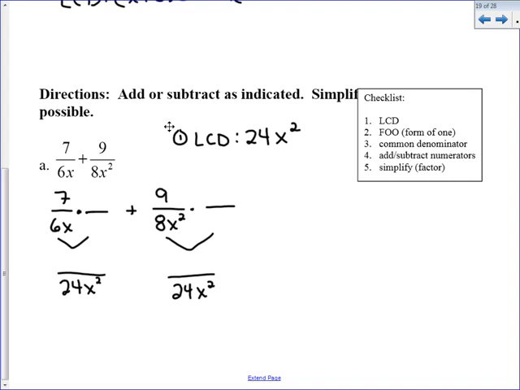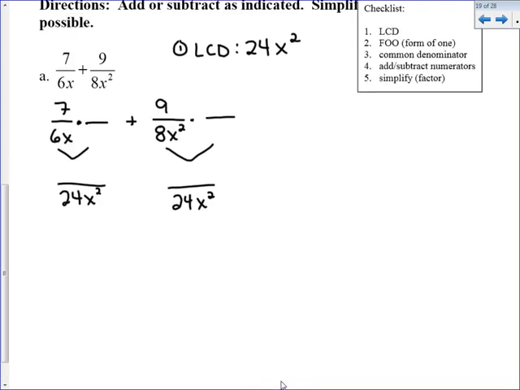Because then they'll have a common denominator. We said that's going to be my lowest common denominator. So what am I going to have to multiply 6x by to get it to 24x squared? 6x times what gets me 24x squared? 4x. And we use that 4x just because we have to get the denominator 24x squared.